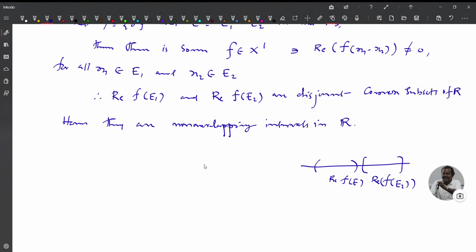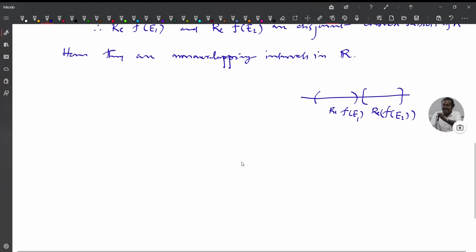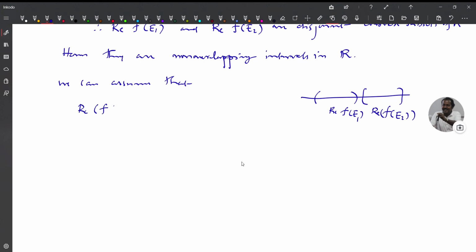So assume that real part of f of E1 lies to the left of real part of f of E2.